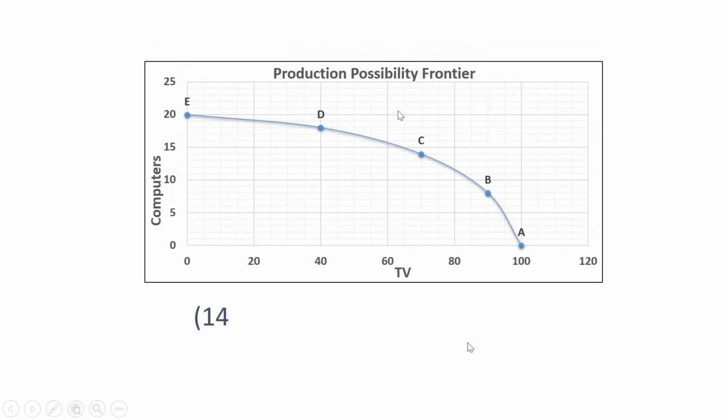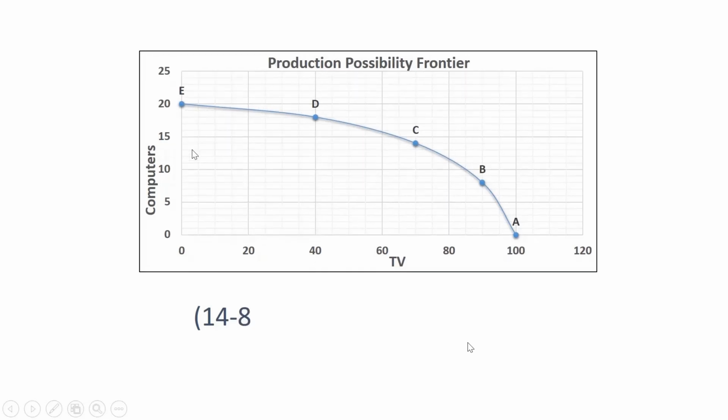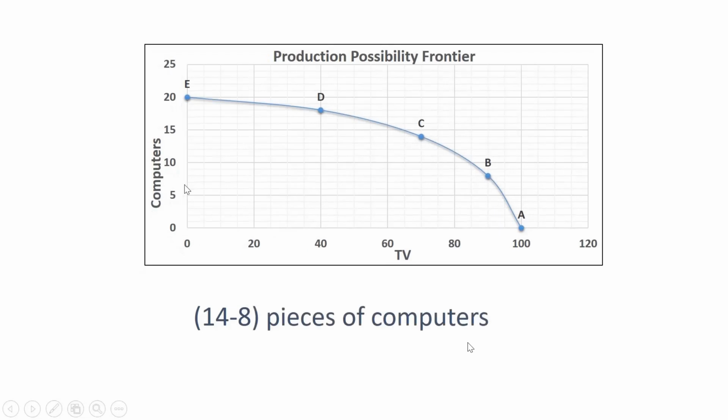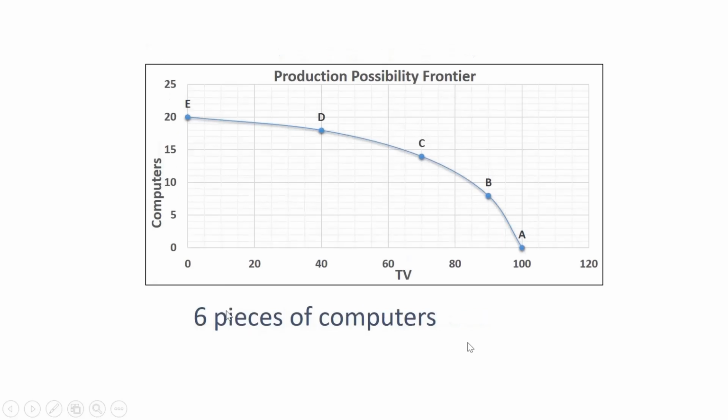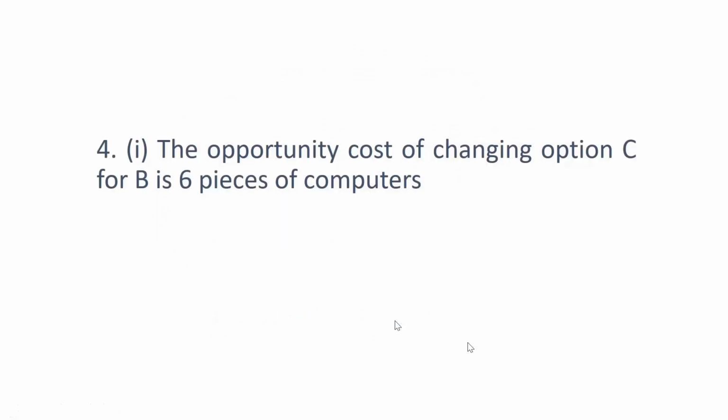So at point C, we have 14. As we move to point B, we have 8 units of computers. The difference is the opportunity cost. So by moving from C to B, we have to forgo 6 pieces of computers. Therefore, the opportunity cost of changing from C to B is 6 pieces of computers.